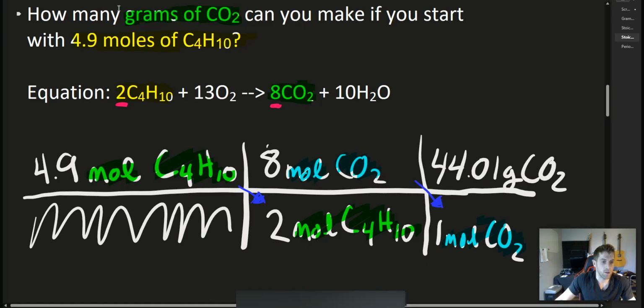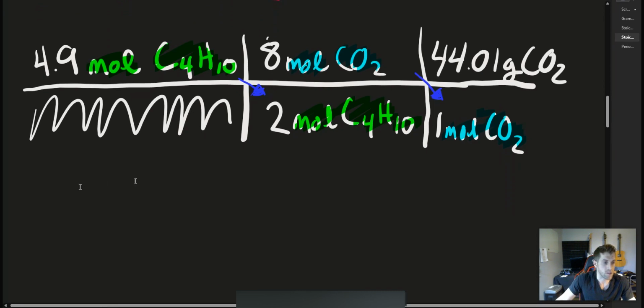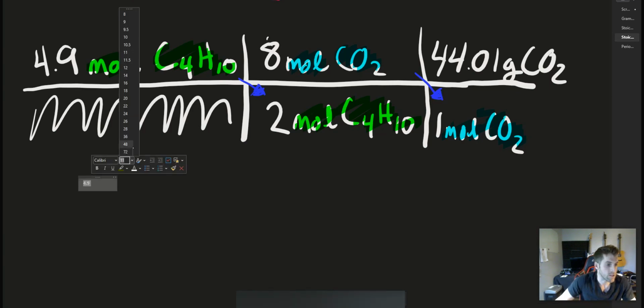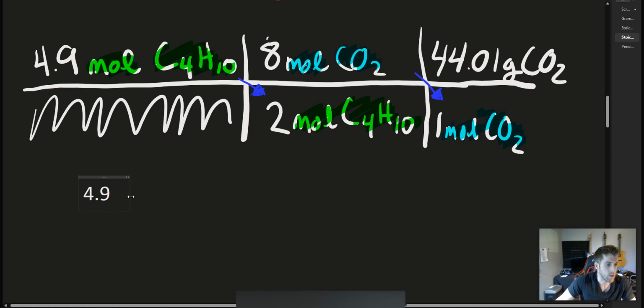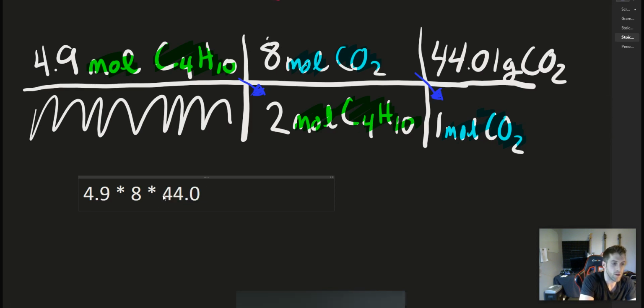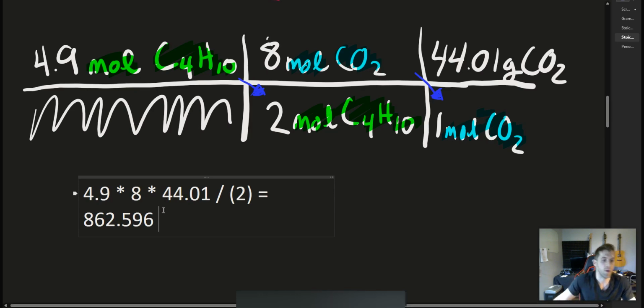We can now use our calculator here. Again, I'm going to need to blow this up, but I'll type it out first. 4.9 times 8 times 44.01 divided by, and I always put my divisions in parentheses in case I have more to divide by, but we do not.